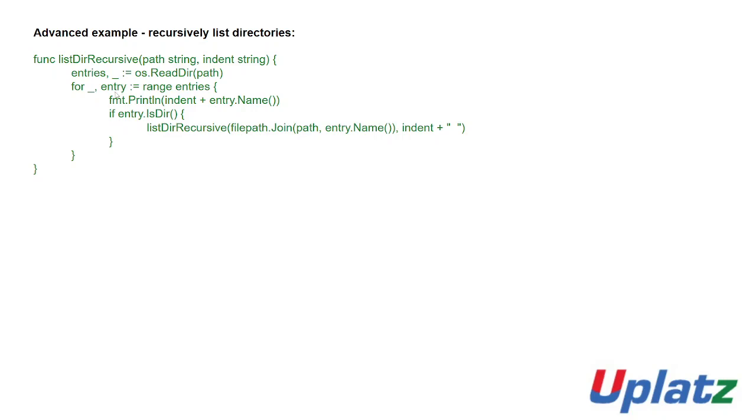Then filepath. Where is the filepath? Then filepath.Join. So with filepath we need to use Join with entry.Name. Here is entry.Name(), comma, indent plus one space.